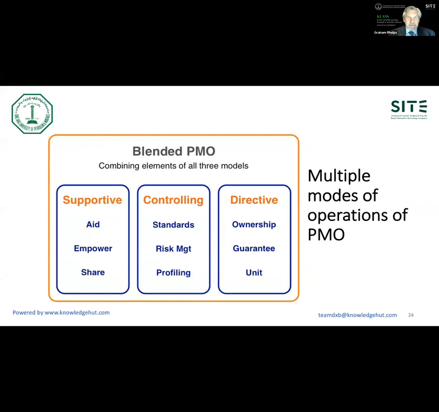And just to develop this further, the combining of the project management office with the style of management: supporting, controlling, and directive. If you're going to run major projects, if you're going to run multiple projects, you are going to need to do more supporting, a little bit of controlling, and a little bit less directing. You need to give people ownership, you need to guarantee their autonomy, and you need to break teams into small units.